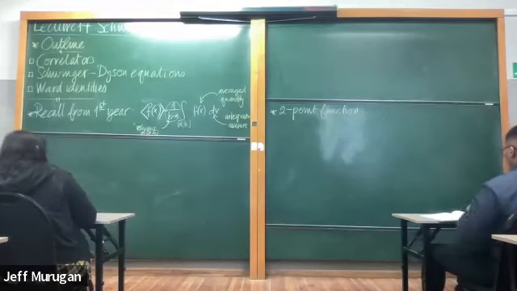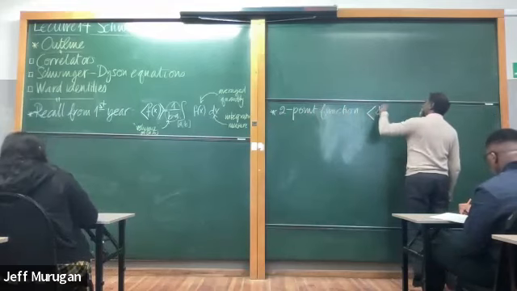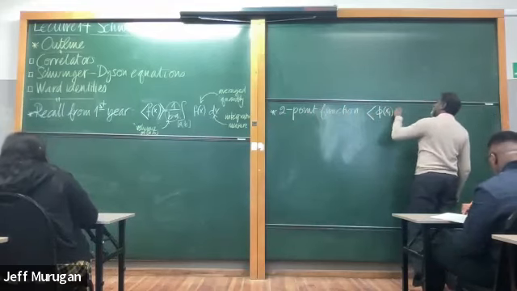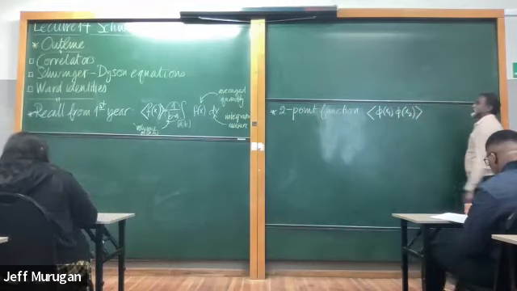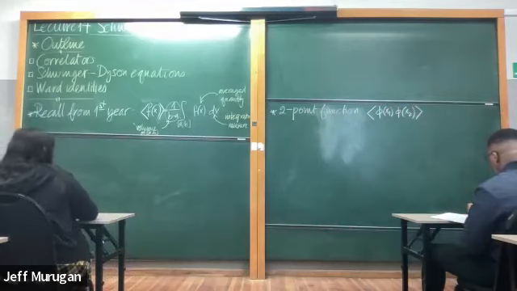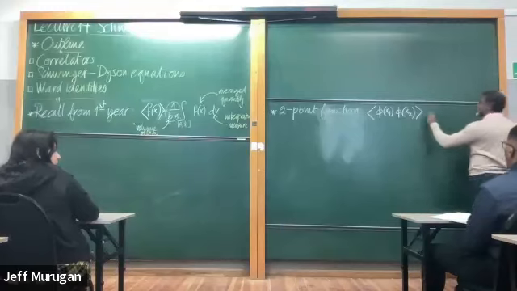Given a field phi, to calculate this 2-point function, I calculate the quantum average of the product phi at x1 and phi at x2. Okay, so I evaluate phi at one point x1, another point x2, multiply those two together, and take the average of it.